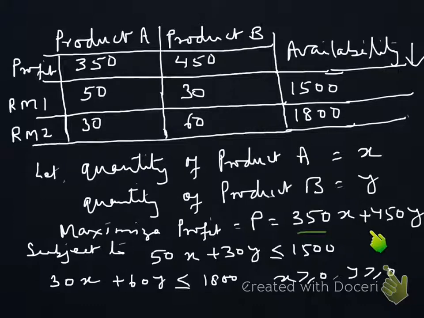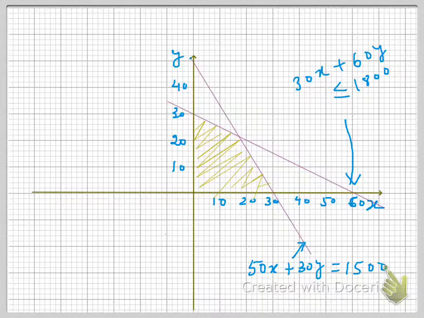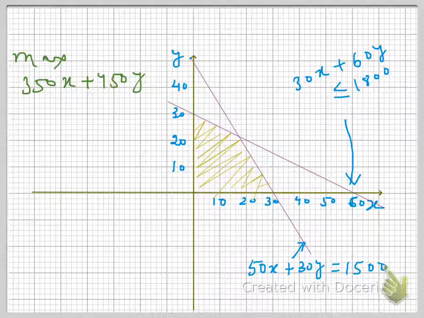We have to maximize 350x plus 450y, which is the profit, and you know that the maximum value will be coming at one of the extreme points.